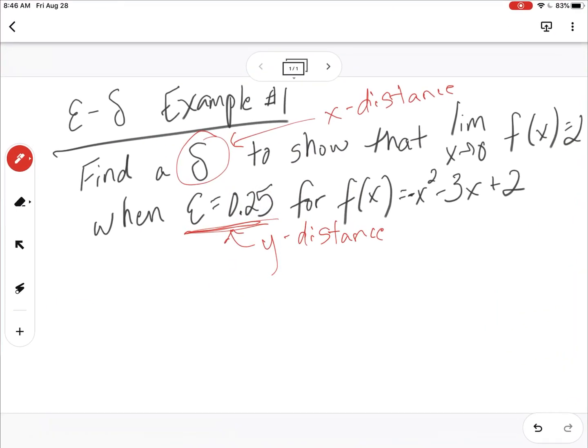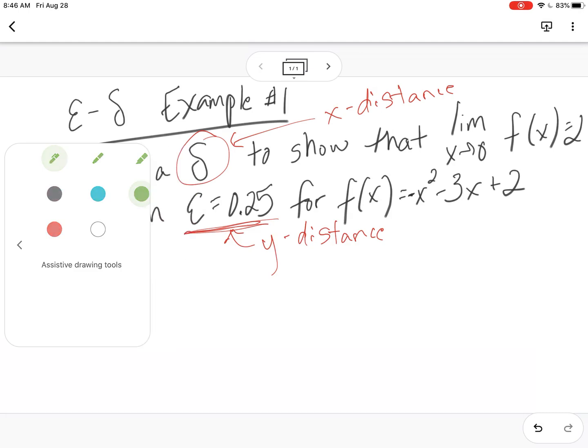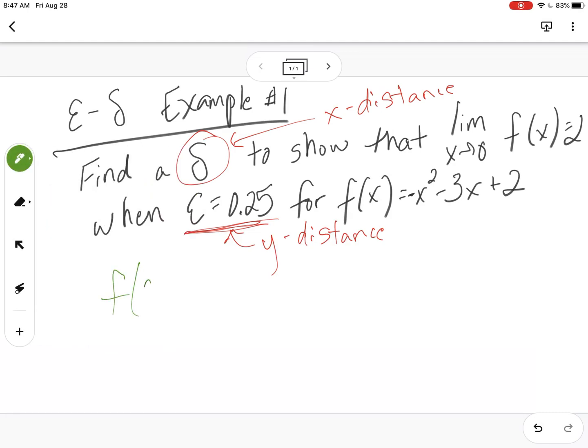So here I go. I'm going to plug in 0.07 for x, and then I'm going to plug in negative 0.07 for x. I'm going to use green, though. So if I do f of 0.07, I'm going to type in my calculator real quickly: negative 0.07 squared minus 3 times 0.07 plus 2.